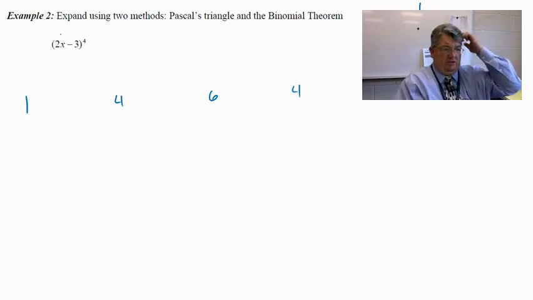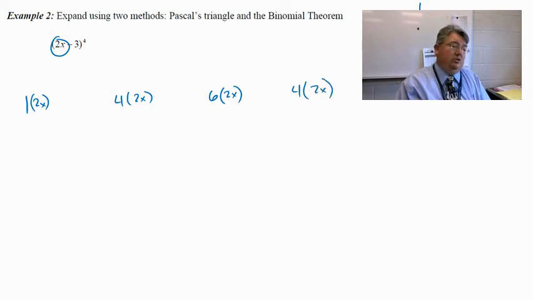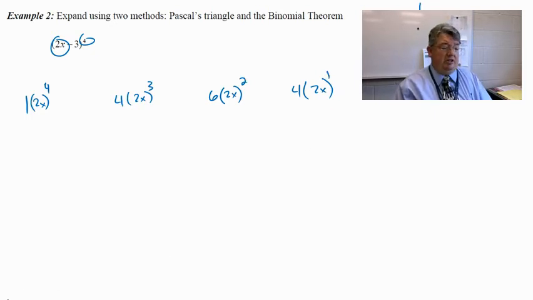Now, I take the first term, which is 2x, and I'm going to put that in every single thing here. Actually, you know what? I'm not going to put it here because check what happens. This goes power 4 to match that, then 3, then 2, then 1, then nothing. And 2x to the nothing is just a 1. So it's not really there anymore.